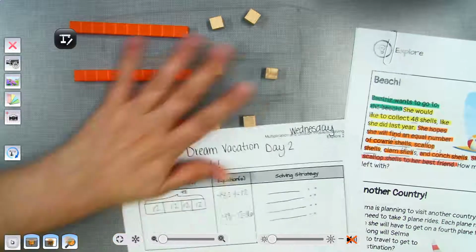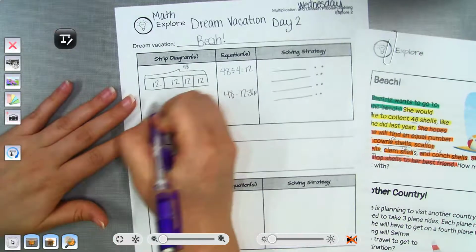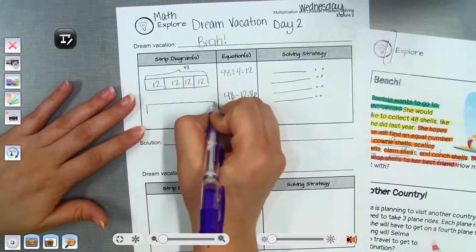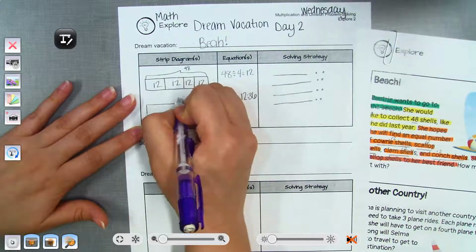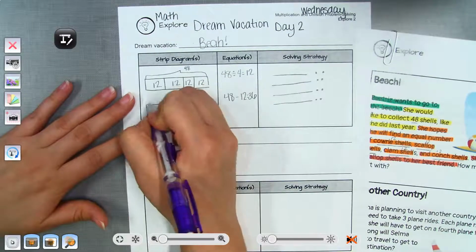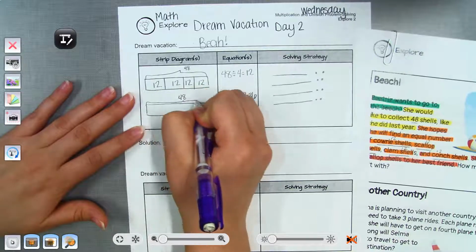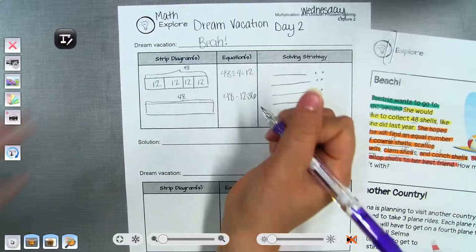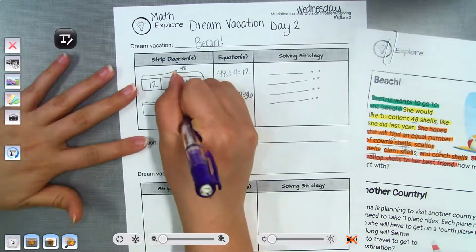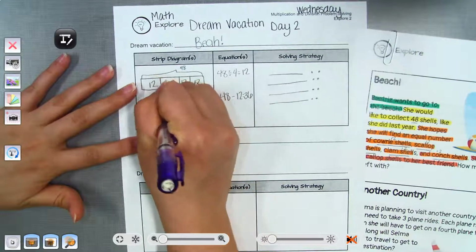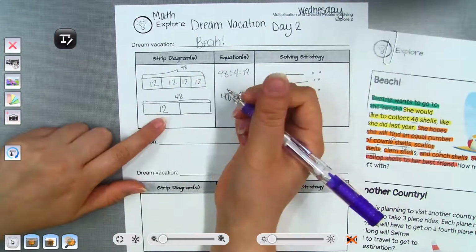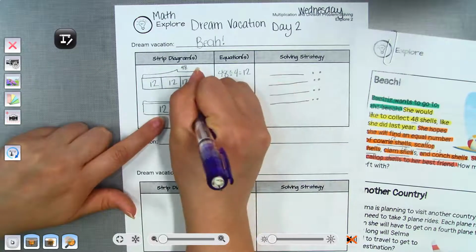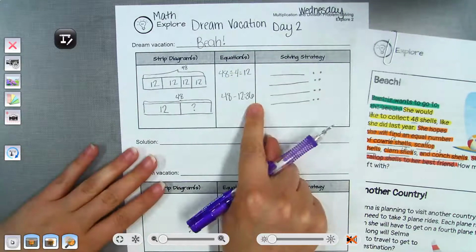shells, okay? So that means that I'm going to have my strip diagram for my subtraction problem. 48 is my total because that's how many shells I had. And I took away 12 of the scallop shells, which left me with 36.